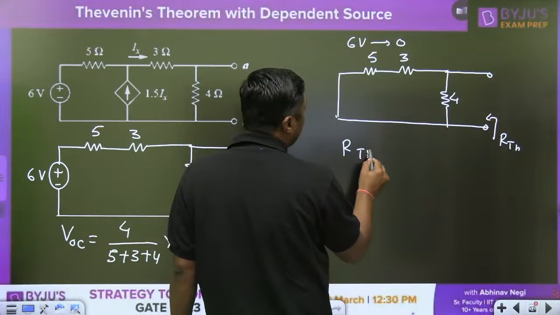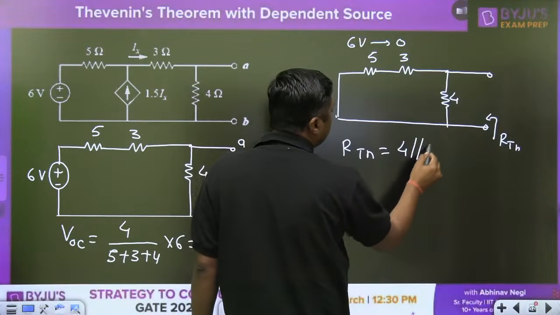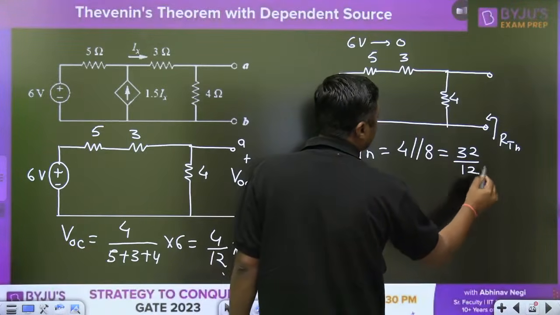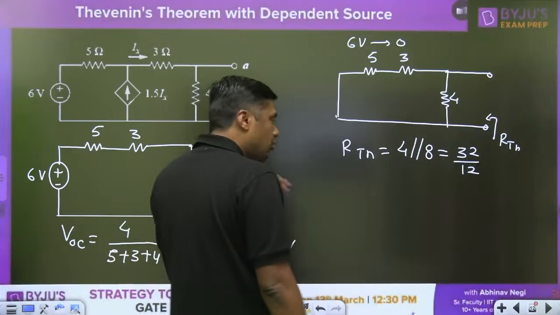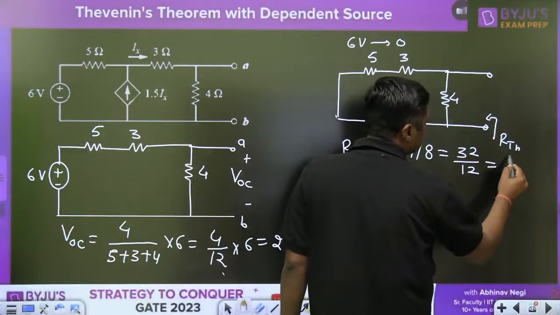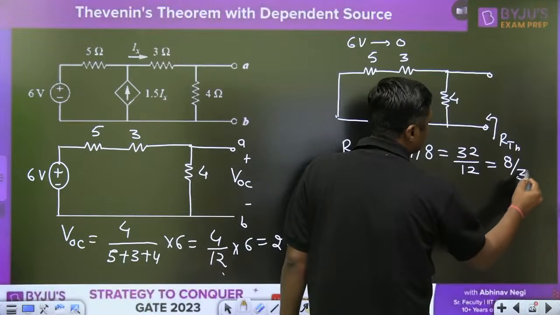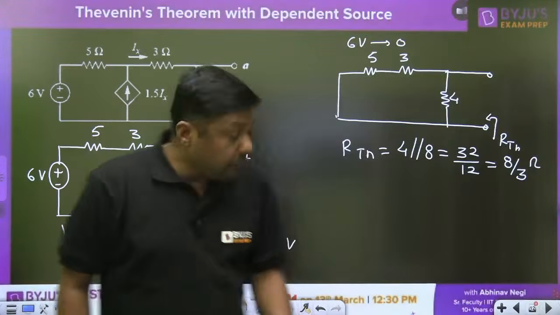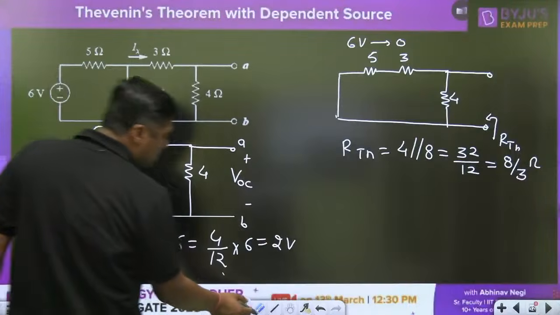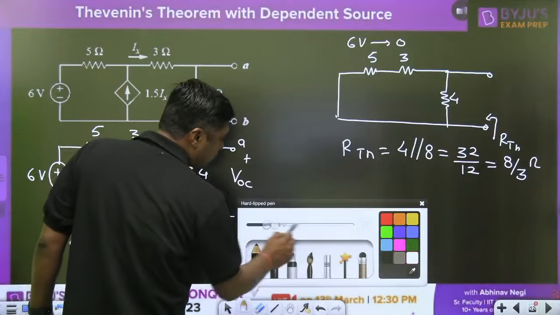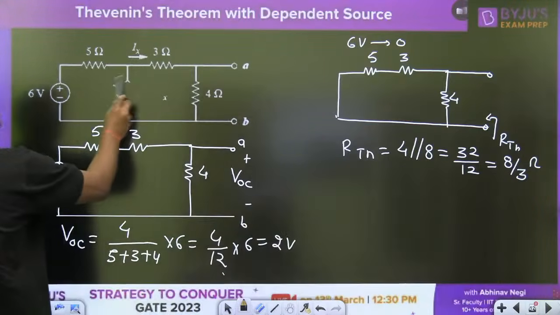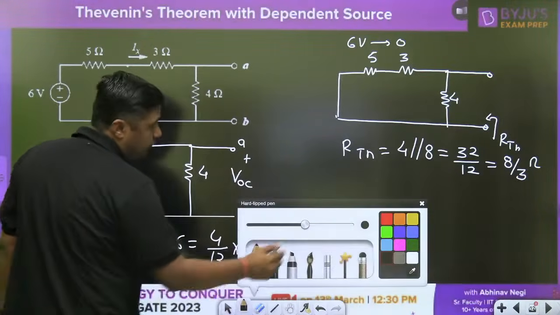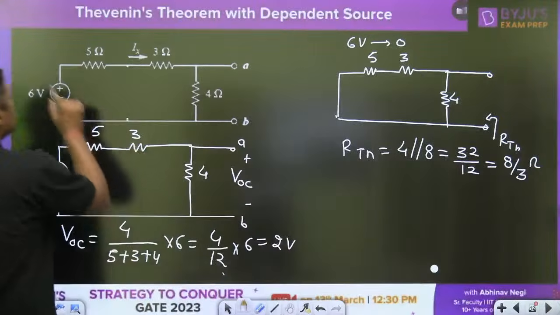RTH is given by 4 parallel with 8. So 32 divided by 12, that is 8 by 3 ohm. If there is no dependent source, I am just removing the dependent source, then this question will become very, very easy. This is the question. But if we have a dependent source, then what will be this method?